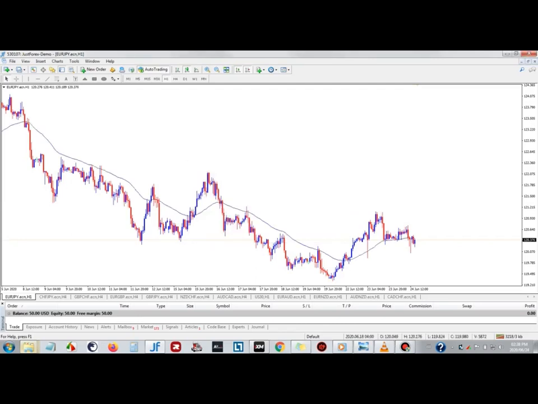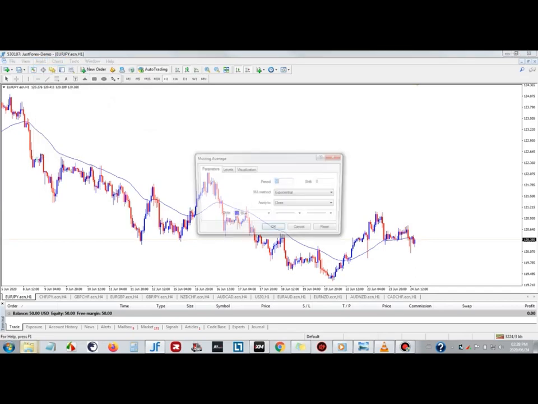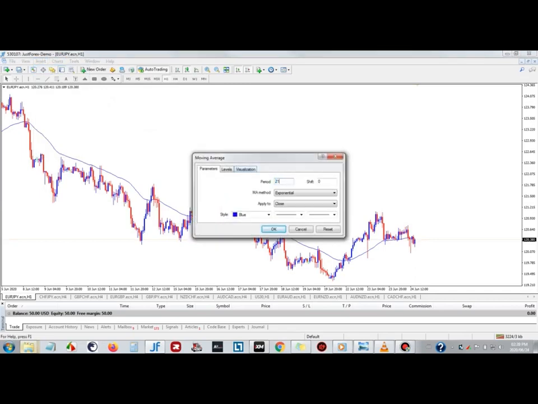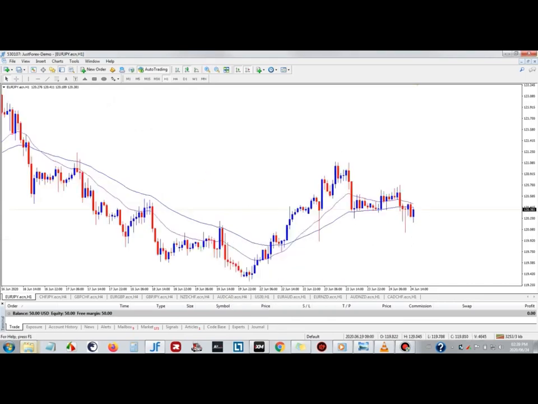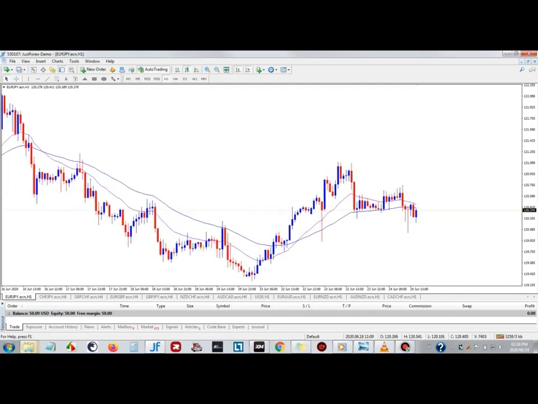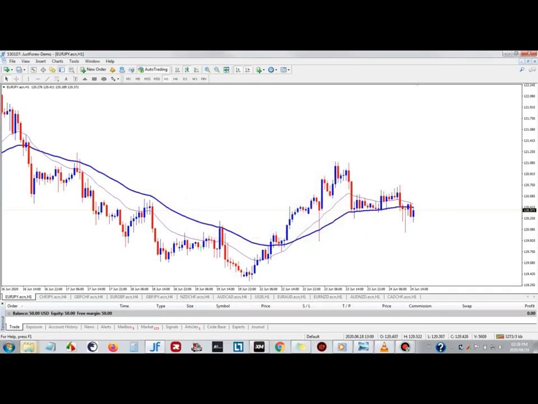Let's do the 21 instead of the 20. Then we go to the trend moving average, the 50. Let's do the 21 and change the color, maybe to purple. Let's see how it's going to look. Let me increase the width of these moving averages a little bit so that we can see them more clearly.